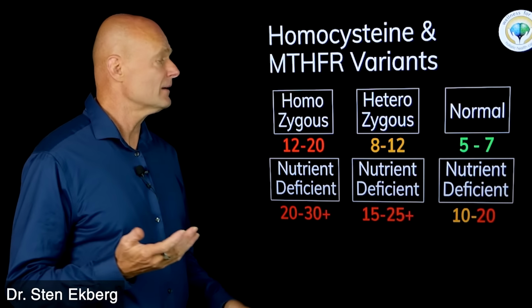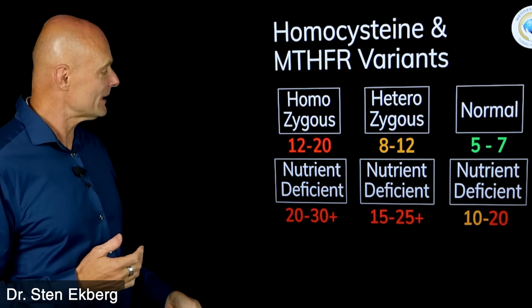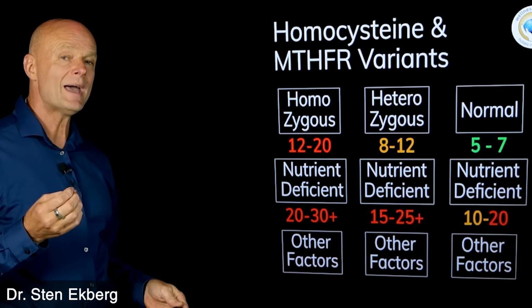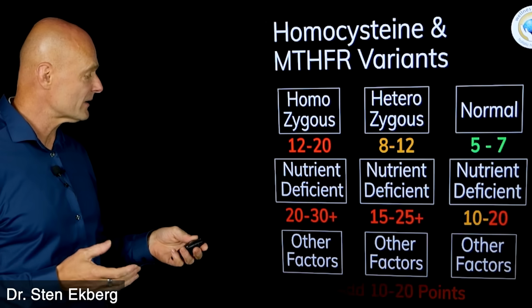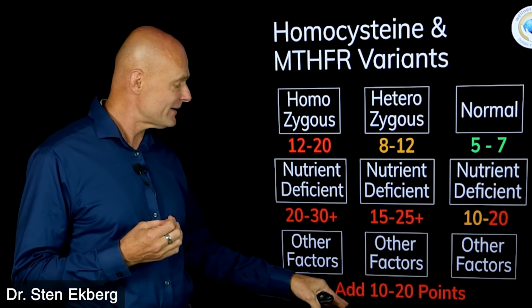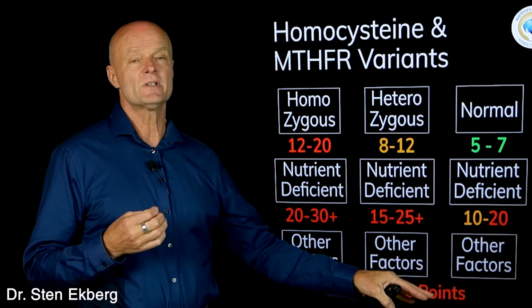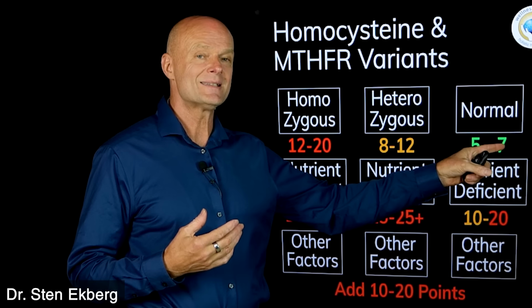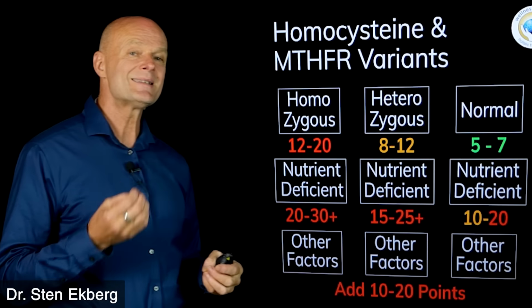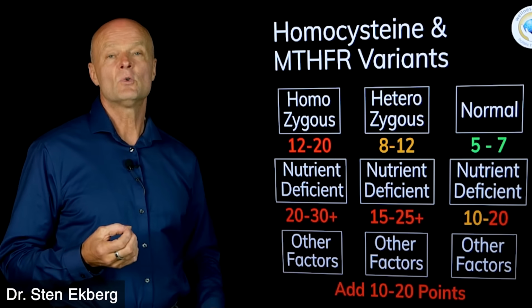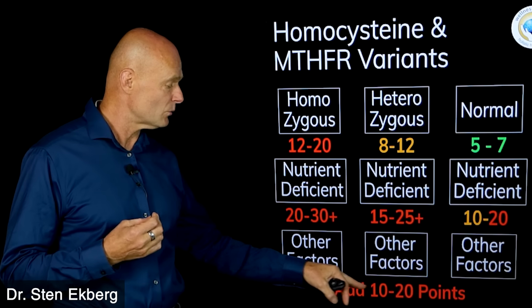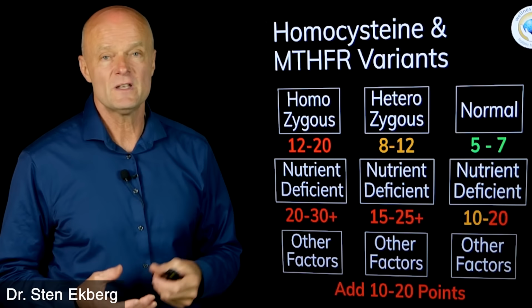So if we go back to this table again, we were already at very high amounts, but if you add one or more of those risk factors, now you can probably add another 10 to 20 points. And this is why, even though we're supposed to be between 5 and 7, oftentimes we can see levels of 30 or even 40. And in cases of kidney failure, we could even get up to 50 or 60.